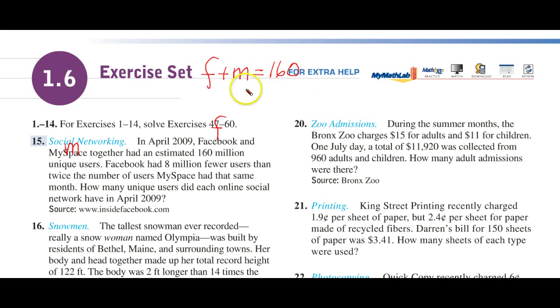Now, since these are systems of equations, we need another equation. Well, they're saying that Facebook users are twice as many as MySpace users, less 8 million. So these are your two equations.